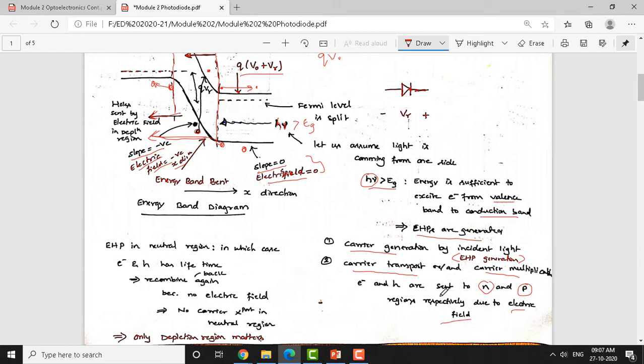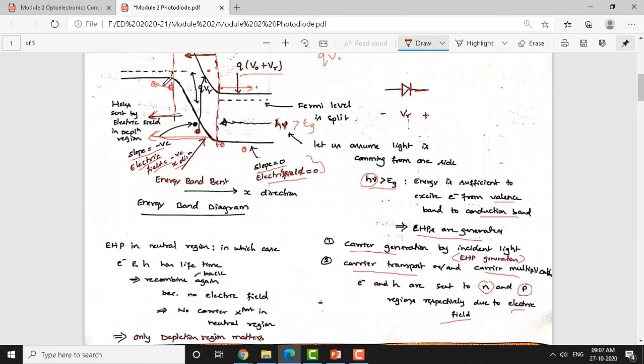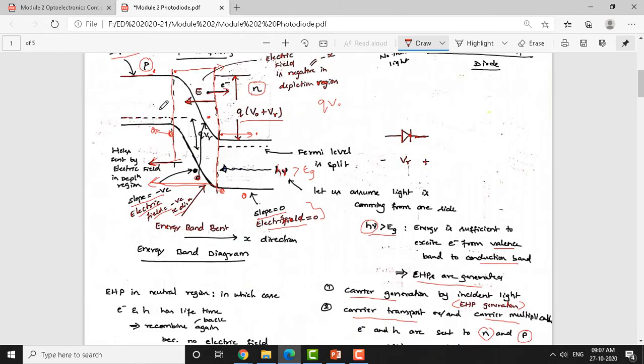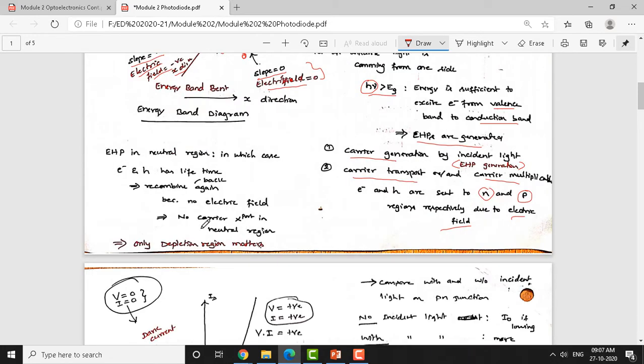As for EHPs in the neutral region, we already explained what happens: the diffusion process plays a role, and if any electrons come near the depletion region, the field takes care and pushes electrons to N and holes to the P side. There is no carrier transport mechanism in the neutral region, because there is no electric field in the neutral region. Only the diffusion process happens there.